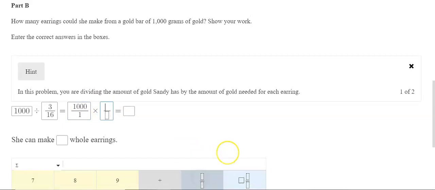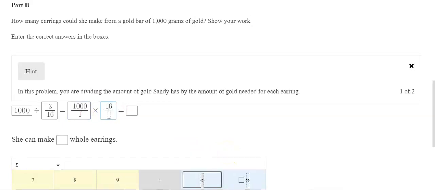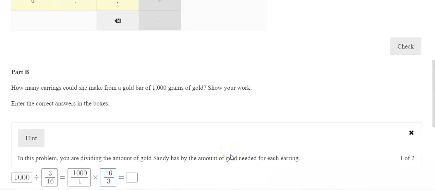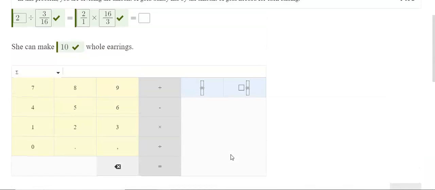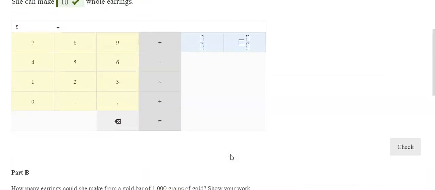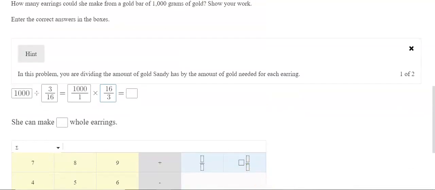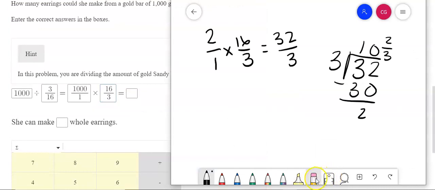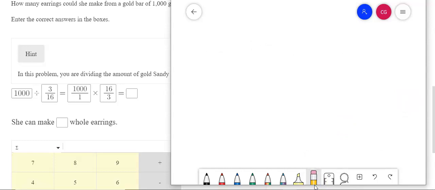And then we're going to flip it and do 16 over 3. We have to find the answer to that now. Okay, so we have 1,000 times 16.